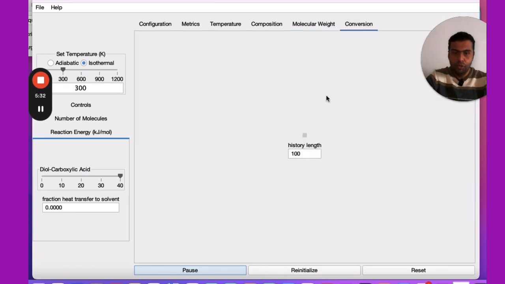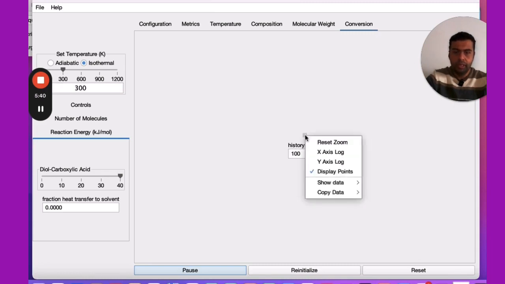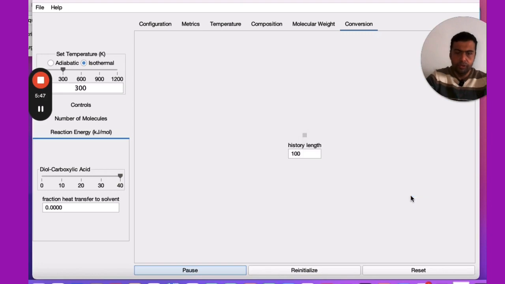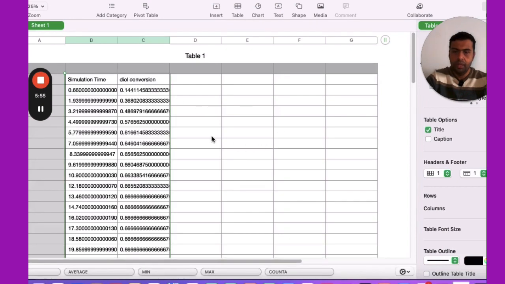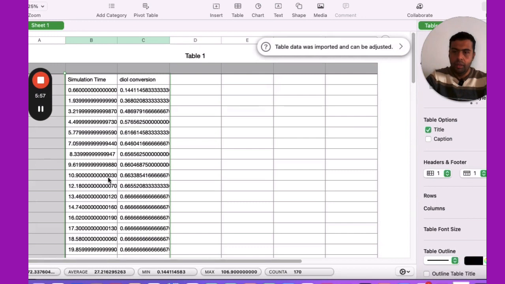Here is the conversion. It should show a graph, but maybe my laptop system is not supporting this one. But anyway, we can just right click and copy the data. Let's take the diol conversion, and we can go here and easily paste the data for the simulation time.